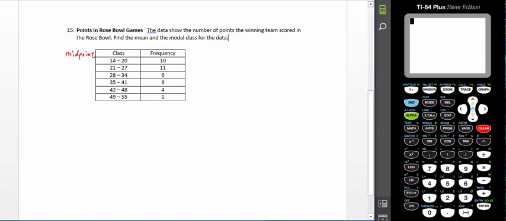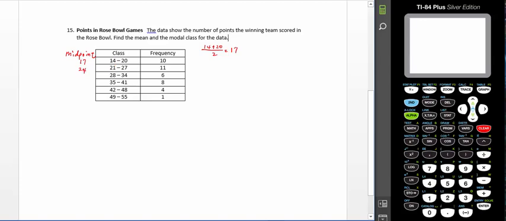Recall, to find the midpoint, you take 14 plus 20 divided by 2, and that will give you 17. You can do the same thing, 21 plus 27 divided by 2, that will give you 24. Or for the class width, you can take 21 minus 14, the class width is 7.